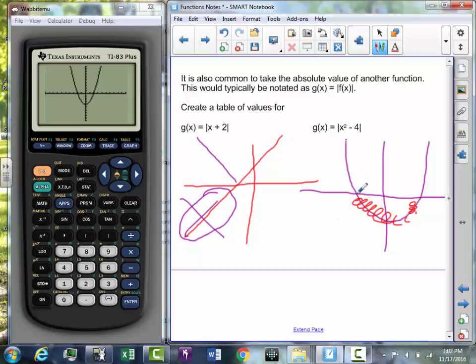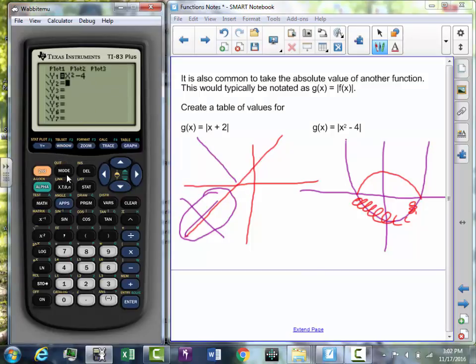So all it does is flip it upside down. And this is actually going to look like a W when I'm done. Watch this. Y equals, I'll do one next to it, the absolute value of x squared minus 4. I'll turn this one off.